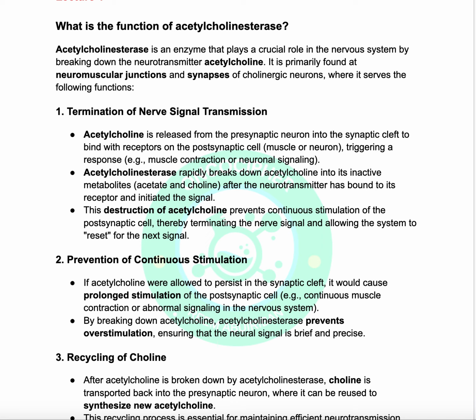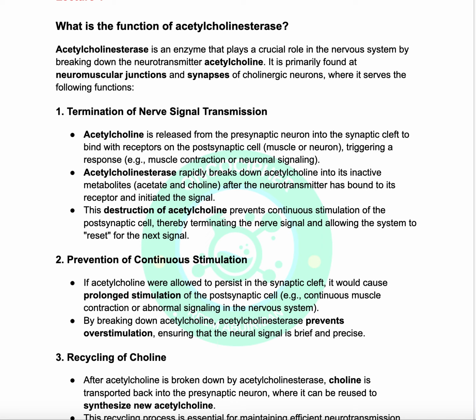Acetylcholine is released from the presynaptic neuron into the synaptic cleft to bind with the receptors on the postsynaptic cell, like a muscle or a neuron, triggering a response like a muscle contraction or neural signaling. We just want to know what happens here. By breaking down the acetylcholine, it terminates the nerve signal transmission.